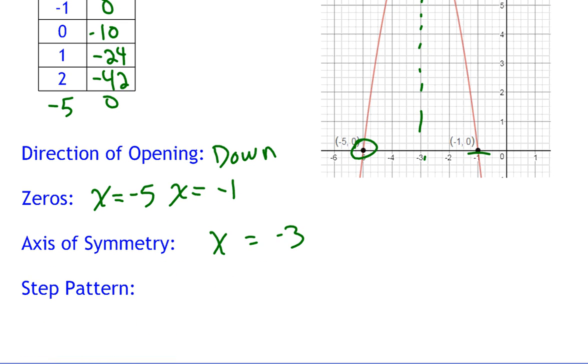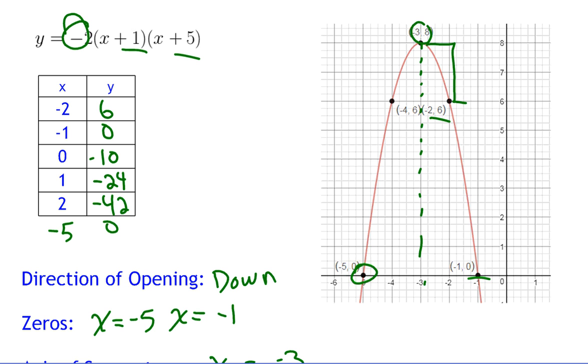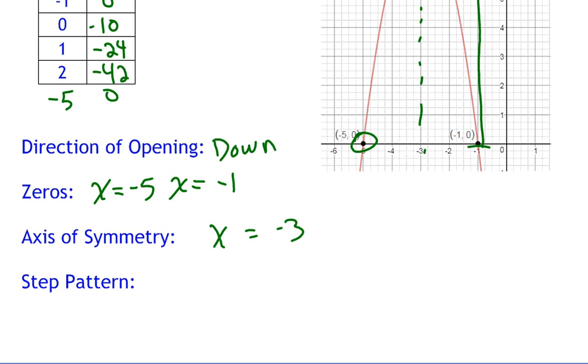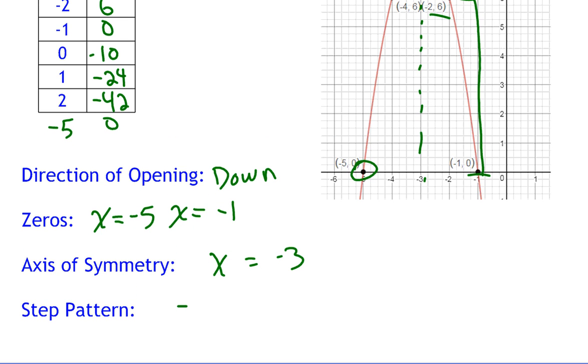And then the step pattern. So when we look at the step pattern, let's have a look here. We went over 1, and we went down 2. And then we went over 1 and down 6. So the step pattern here is negative 2, negative 6. And if we could check, the other one would be negative 10.